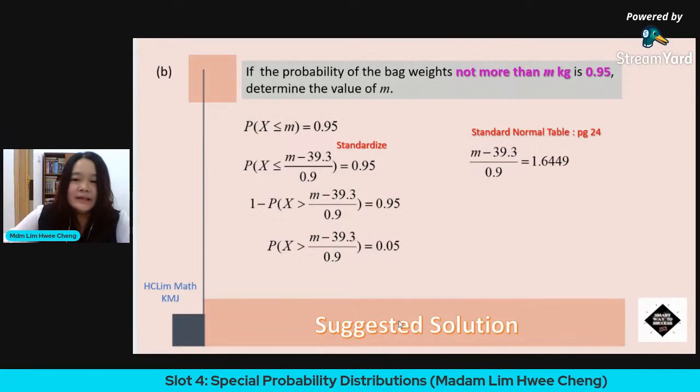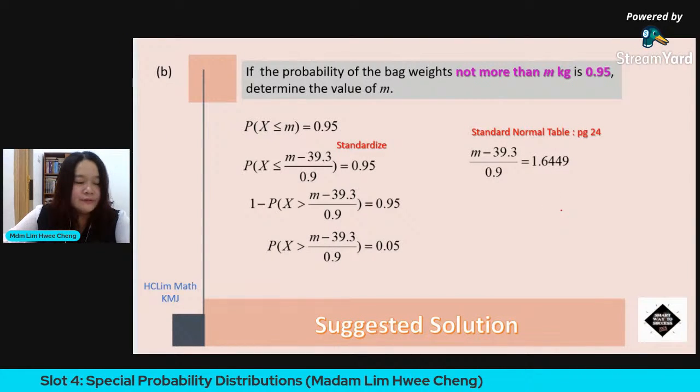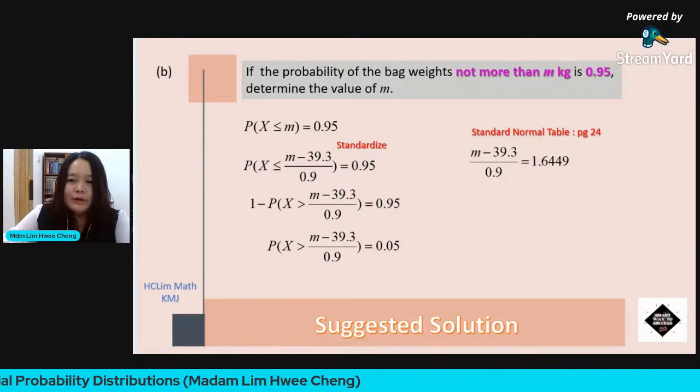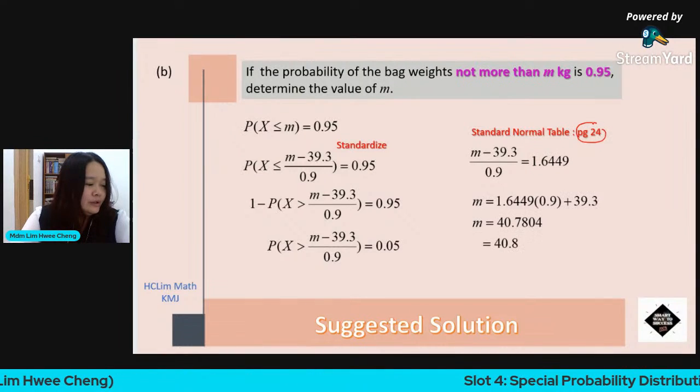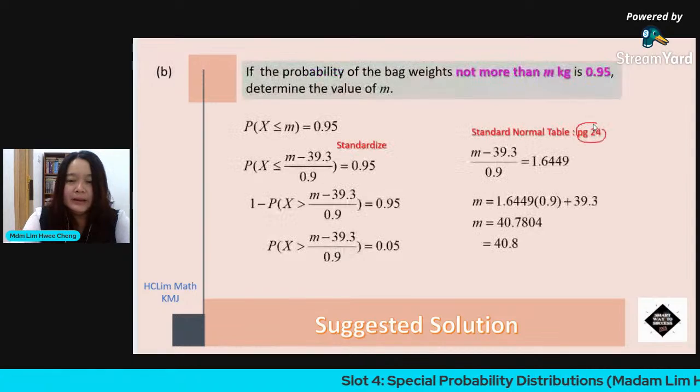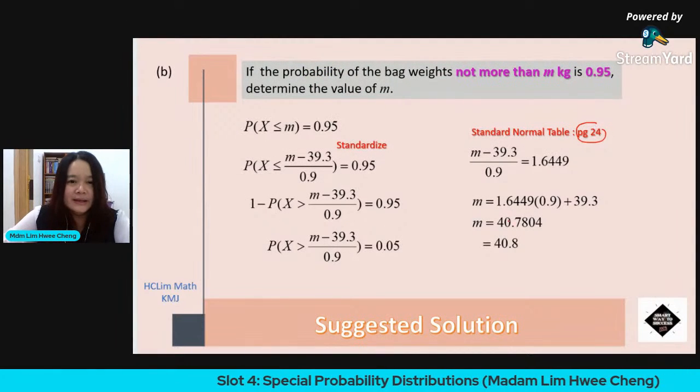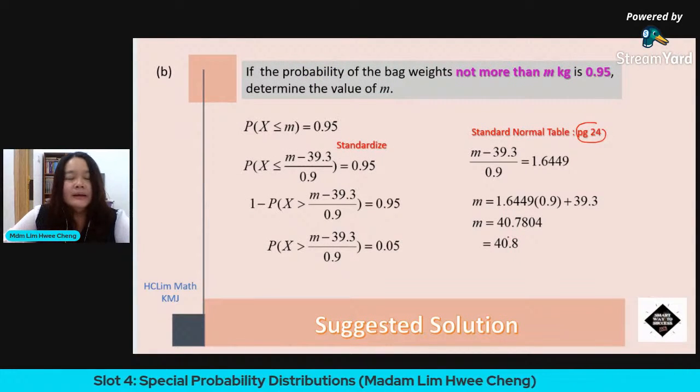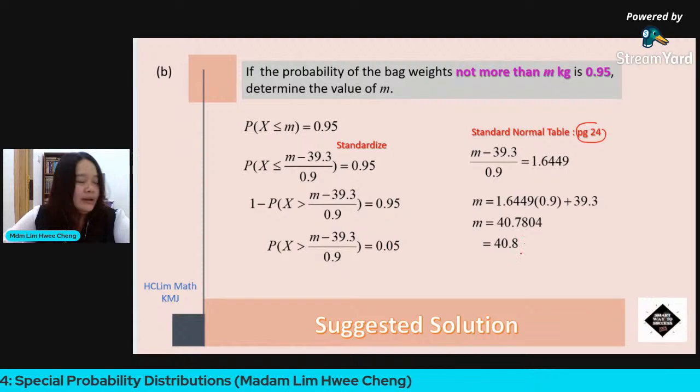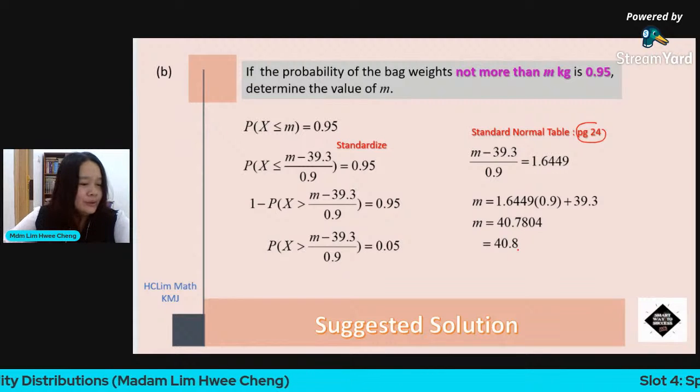So you will notice that the value is 1.6449. Okay, 1.64 based on page 24, and you rearrange, so you will get about 40.8 for M. M is the weight, and weight can be a decimal, that is fine. So you will get this.